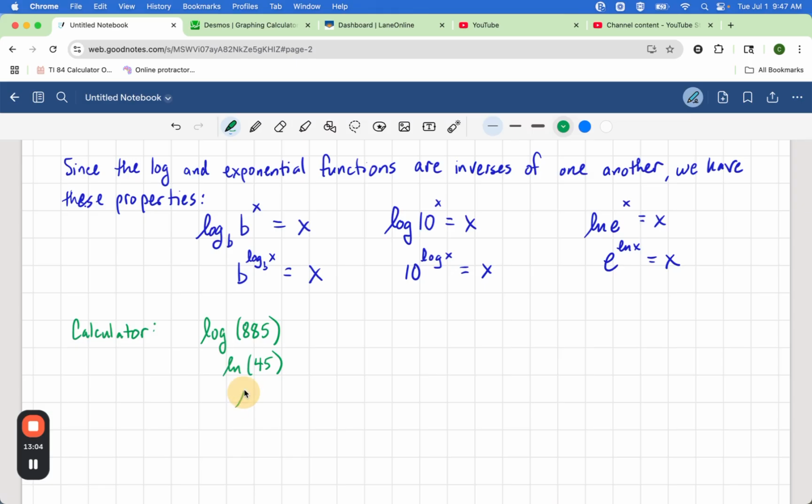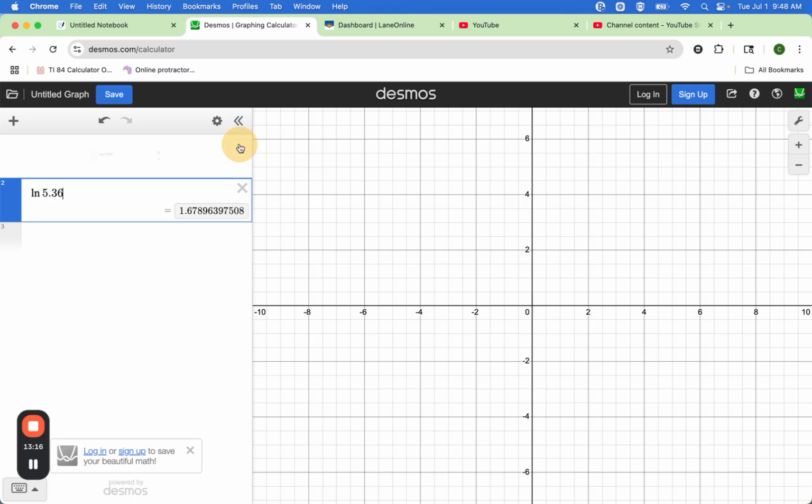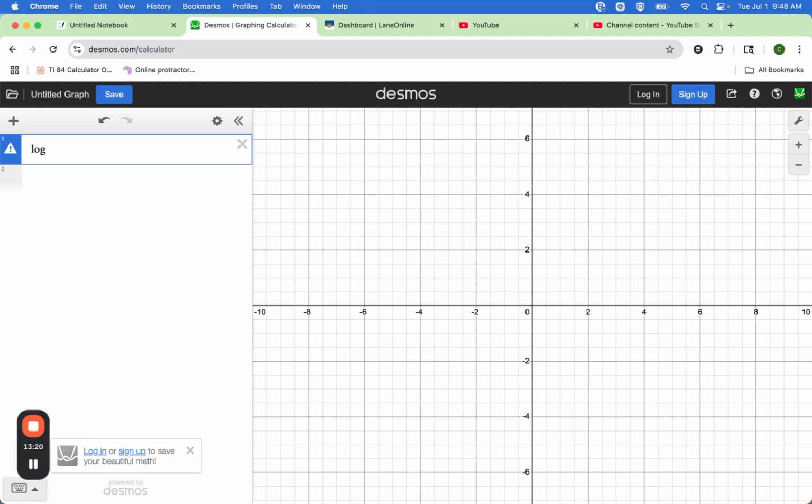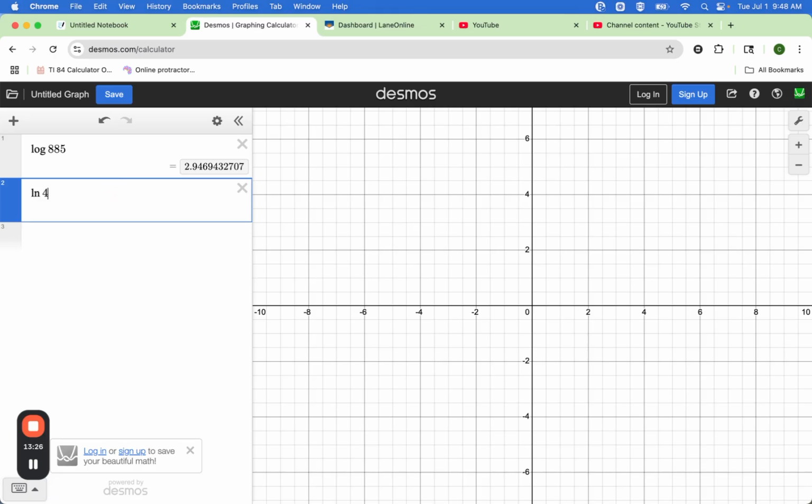And then we're going to look at log base 5 of 45 and see what we need to do. The first two are easy because that's all you got to do is put log and ln in. So here we go. I got log of 885. There's that one. And then I'm going to do ln of 45, and I get that.